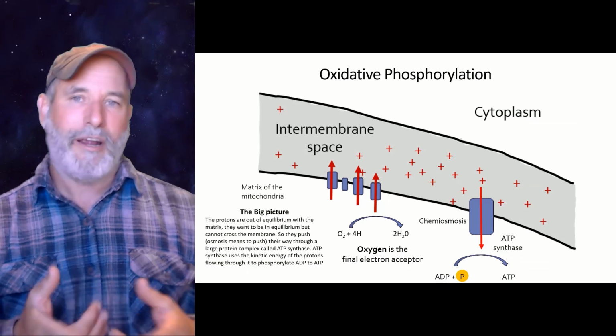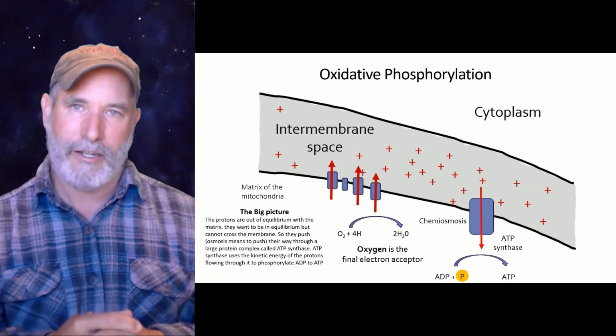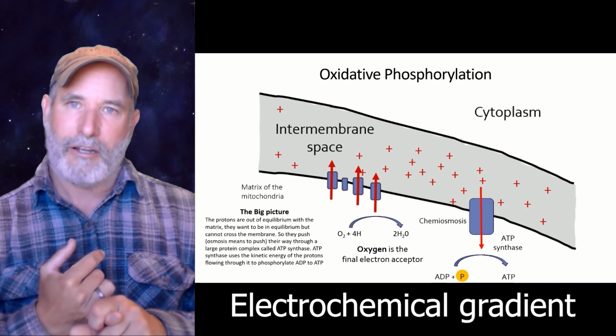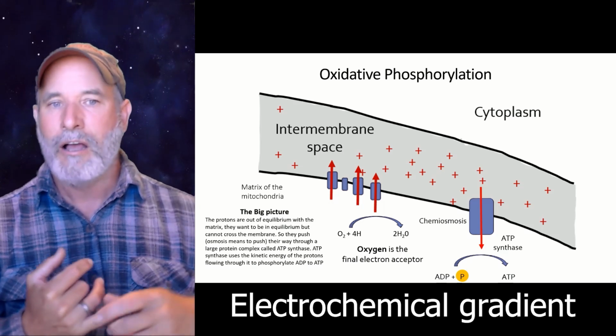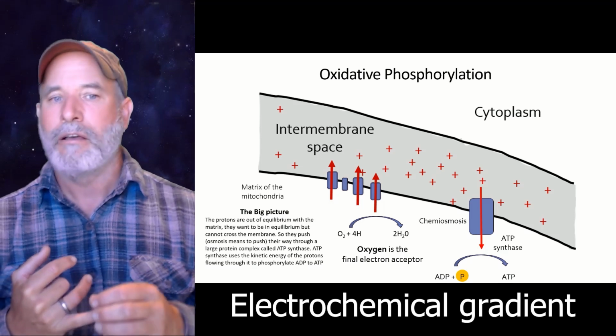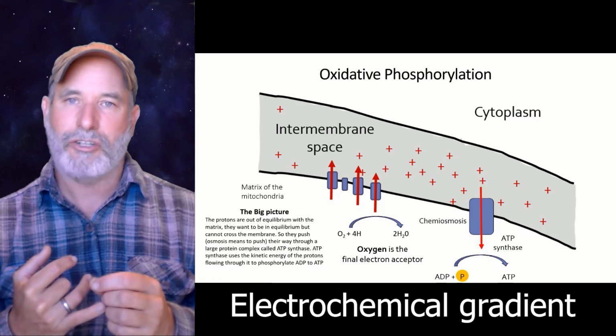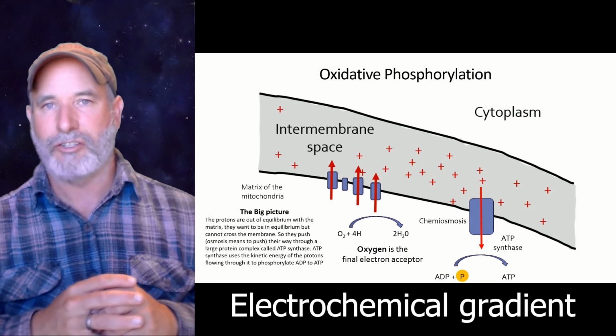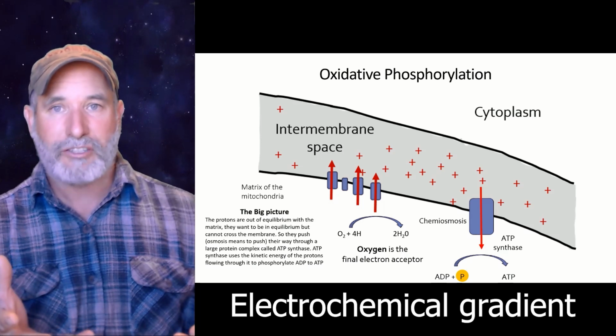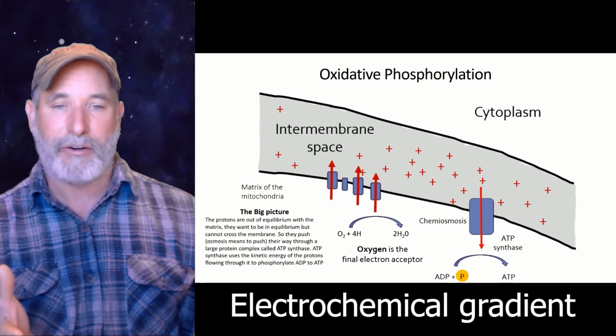Okay, as we create this electrochemical gradient, we get an electrical gradient, right? Because we're pumping protons. Protons are positively charged. That means the intermembrane space becomes positively charged compared to the matrix of the mitochondria, which becomes negatively charged. That's a voltage. That's storing potential energy just like a battery does.